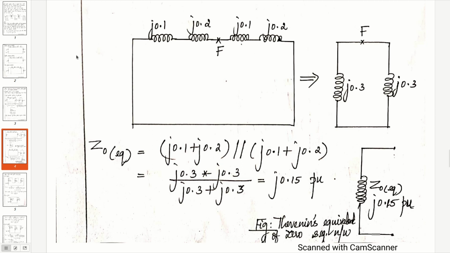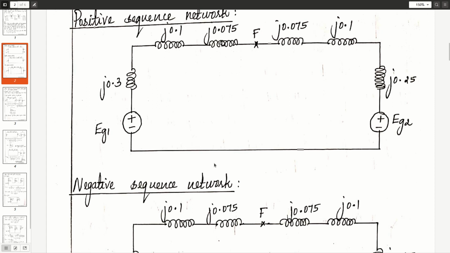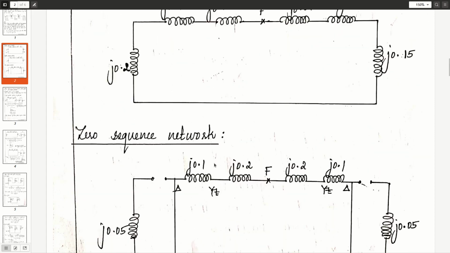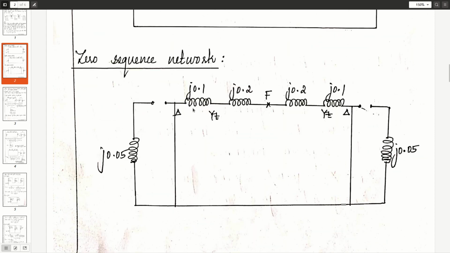If you go back to the original zero sequence circuit, see, beyond the delta, at the delta side the series switch is open. So don't consider this J0.05 and this J0.05 because we have open over here.